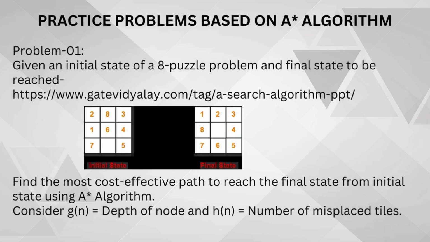Our goal is to find the most cost effective path to reach the final state from initial state using A star algorithm. Consider G of n is equal to depth of node and H of n is equal to number of misplaced tiles.